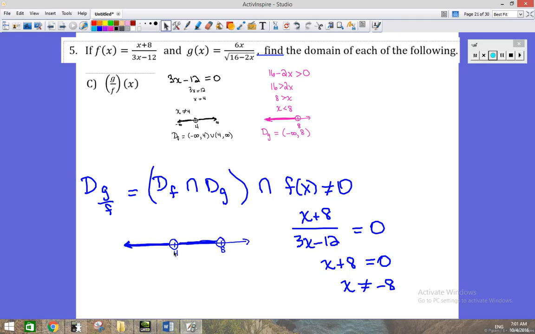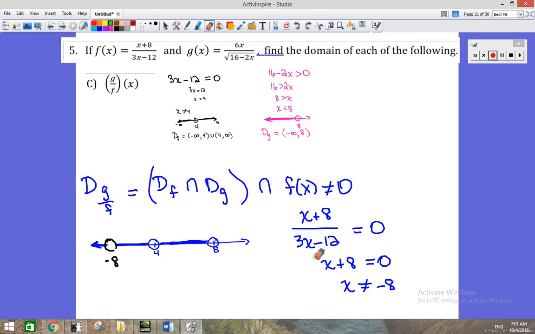And we have to exclude negative 8. Well, negative 8 is to the left of 4, positive 4. We want to come in and punch a hole, exclude that from this set.